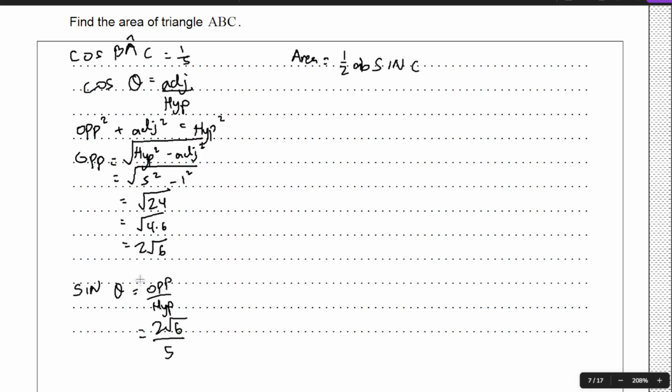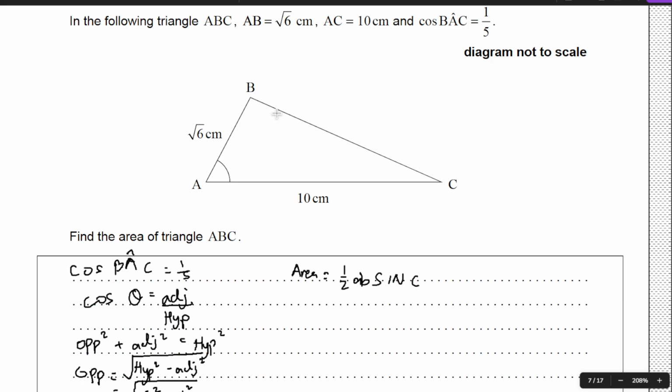And once we can see that, we can plug this in and make sure you realize how the area of a triangle formula works. So in this case, a and b would be referring to these sides, while big letter C would always be the angle in between them, which is this one right here.